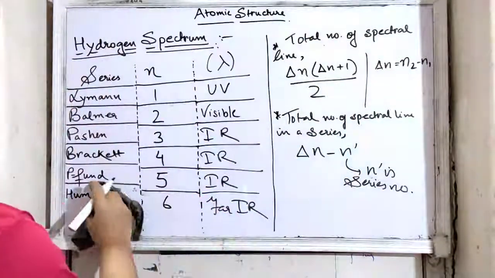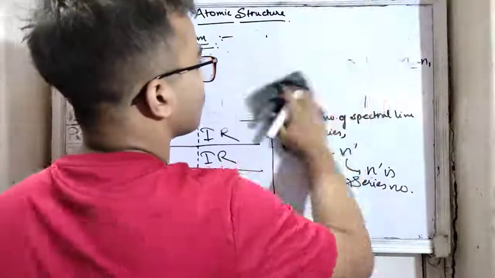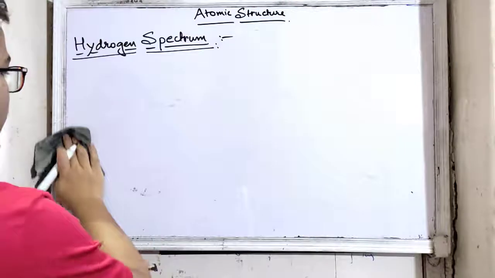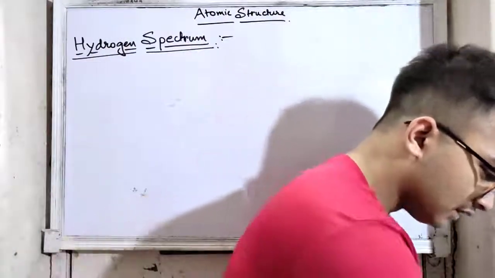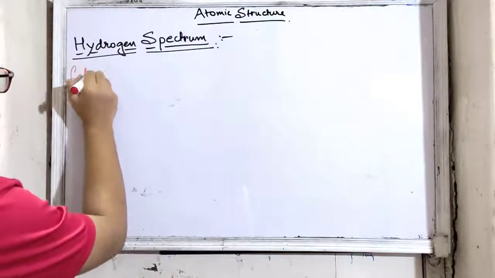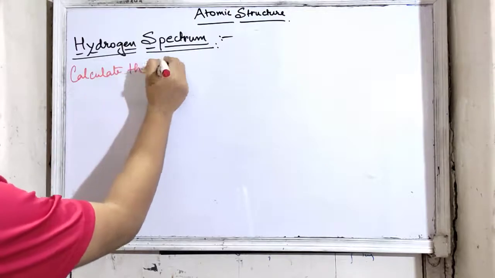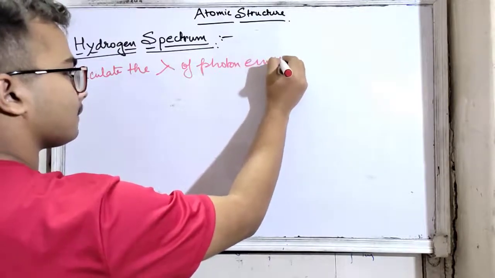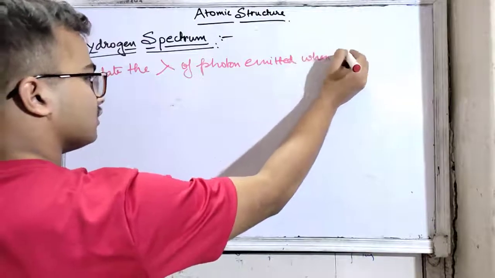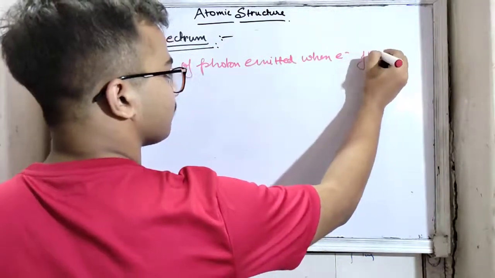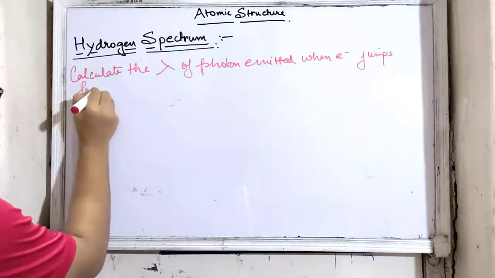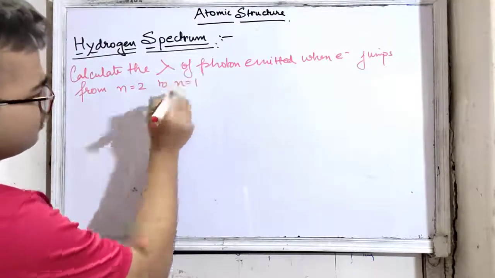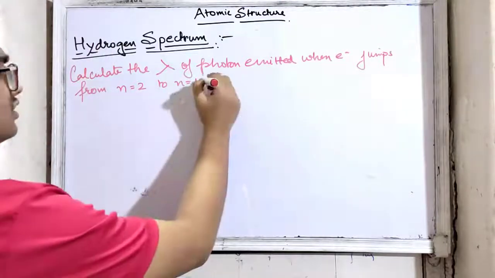So let's move on to the numericals. Give the heading numericals. Okay. Calculate the lambda of photon emitted when electron jumps from n equal to 2 to n equal to 1 in H atom.